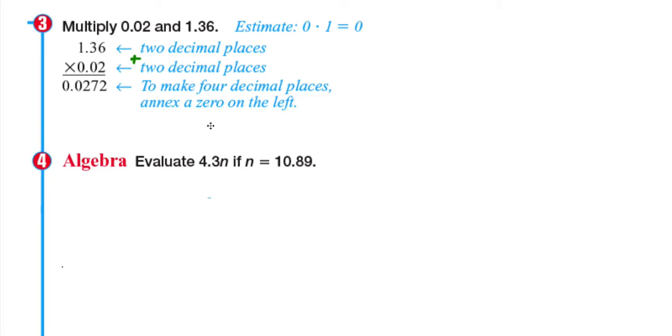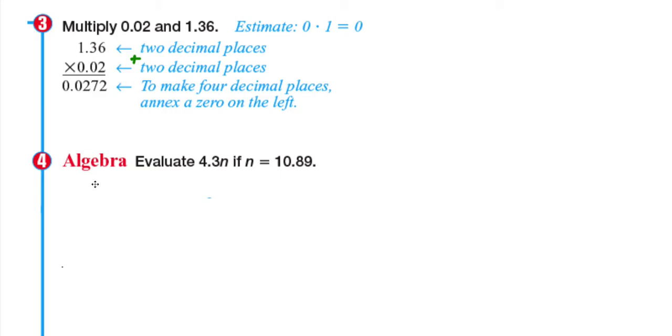Lastly, let's look at our algebra connection, and it's asking us to evaluate 4.3n if n equals 10.89. We can use the lattice method on this one as well, but let's take a look at the traditional method first. We know that when you say 4.3n, it indicates a multiplication operation, and when you say evaluate, it means find the value of, and 2 steps to find the value are to substitute and to simplify.